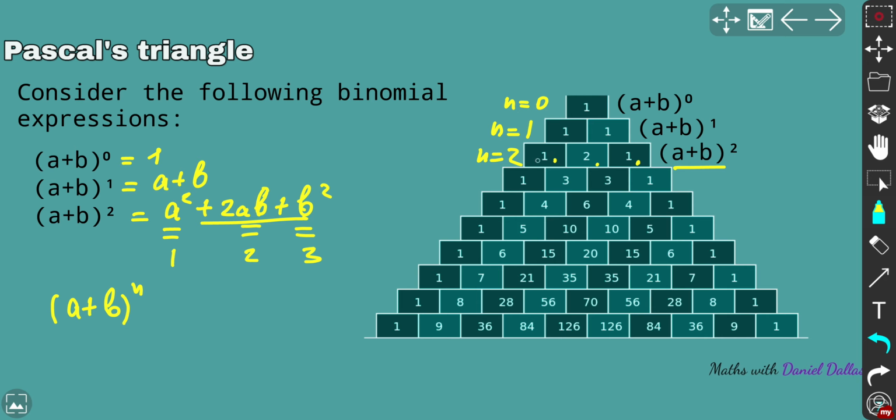The first is the coefficient before the leading term, a to the power 2. The 2 is the coefficient before the mixed product ab, the second term. And the last is the last coefficient.